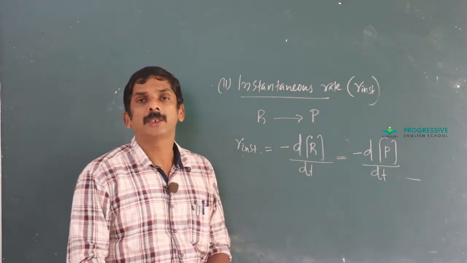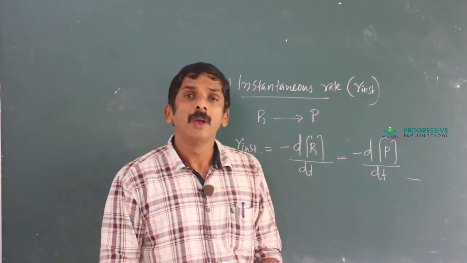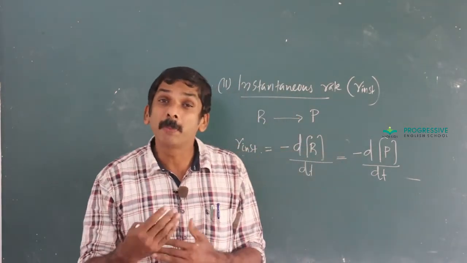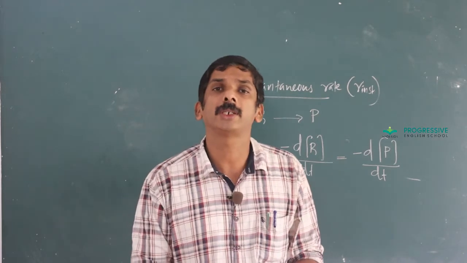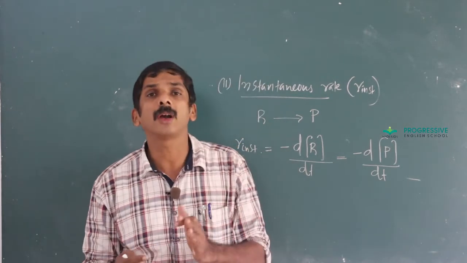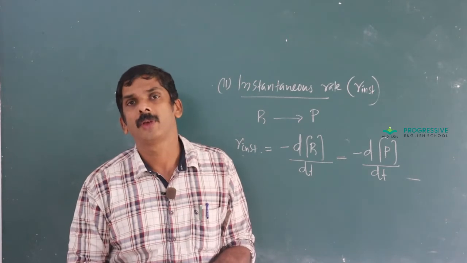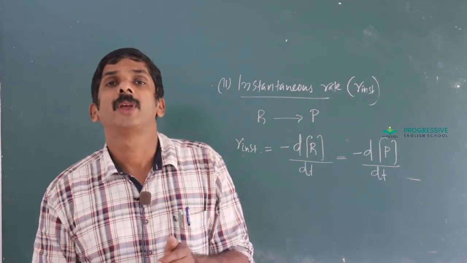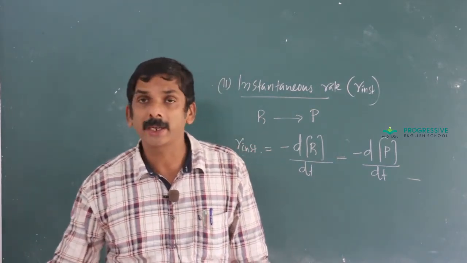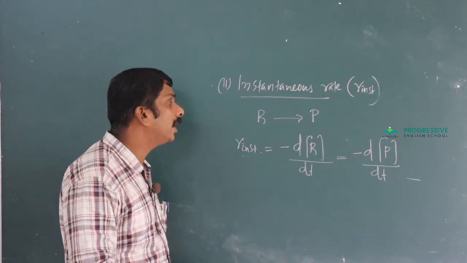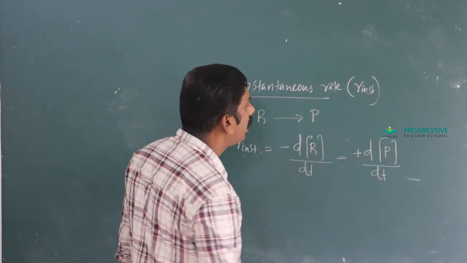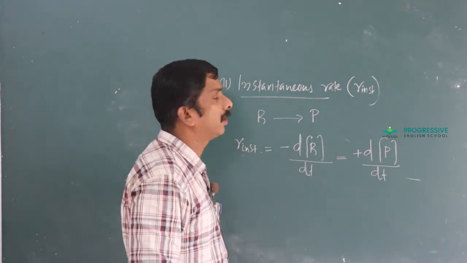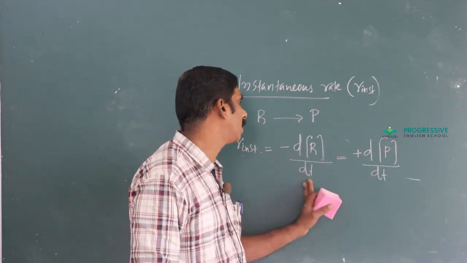There are two types of rate. Once more, chemical kinetics is a branch of chemistry which deals with the speed or rate of a chemical reaction and the whole steps involved in the conversion of reactant to product. A chemical reaction is the conversion of reactant into product. The decrease in concentration of reactant or increase in concentration of product in unit time is called the rate of a reaction.